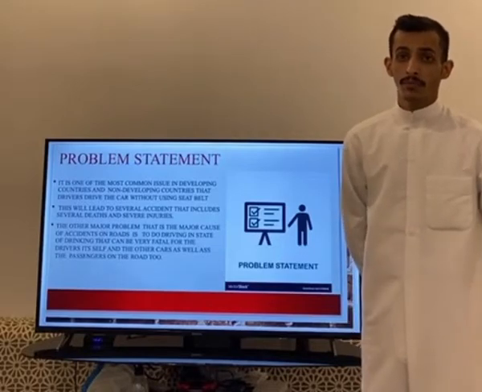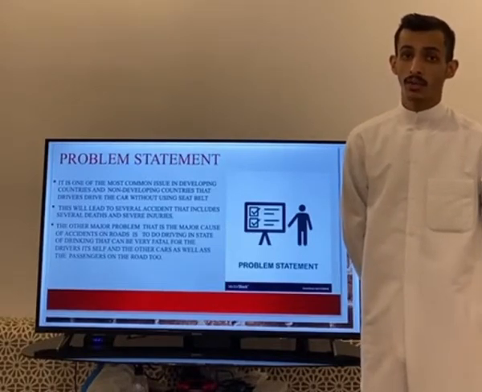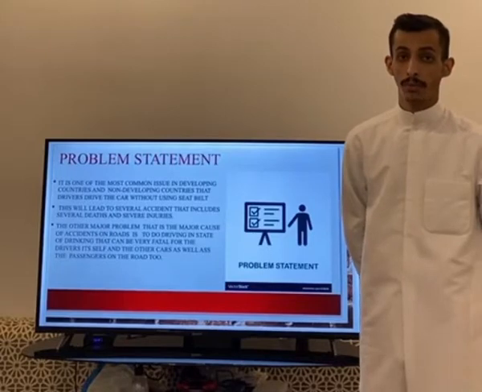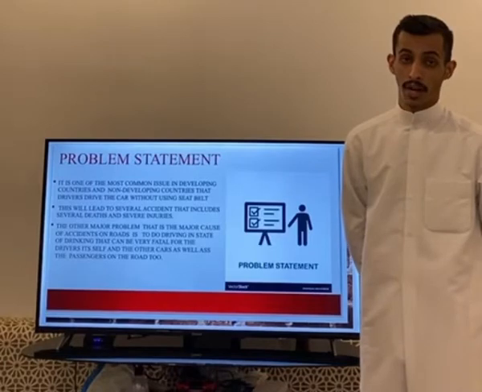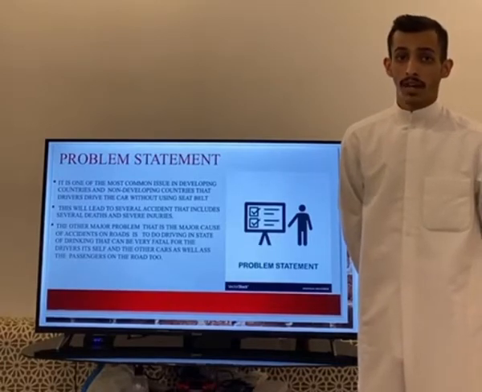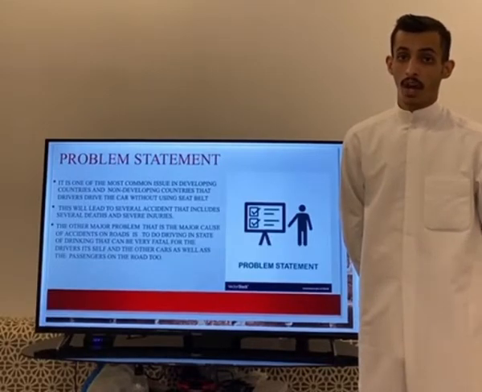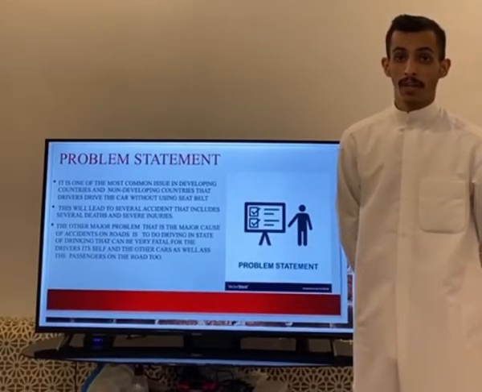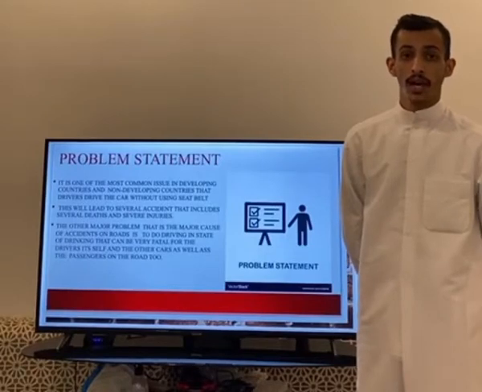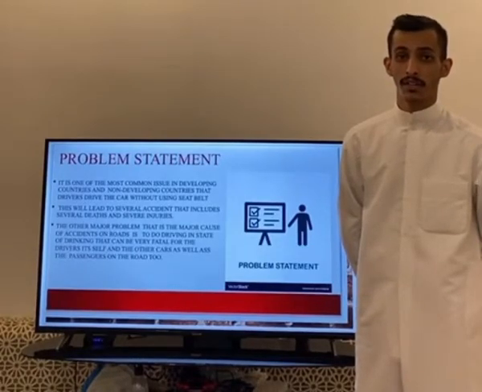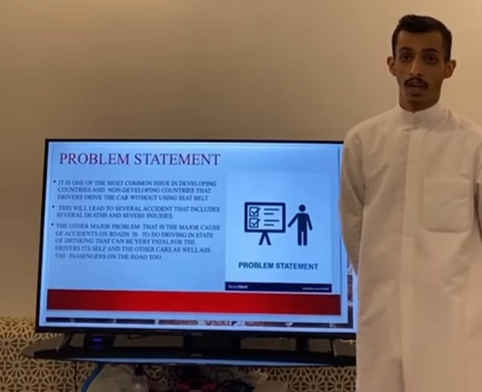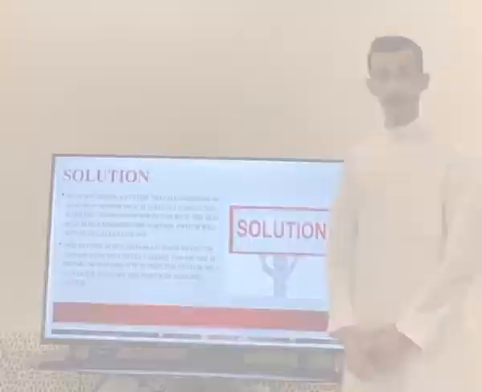According to the statistics, almost 20% of accidents happen to drivers not using a seatbelt. The other major problem and hazard, very common in our society, is drivers drinking alcohol, which can be fatal for the driver and for other cars passing on the road.